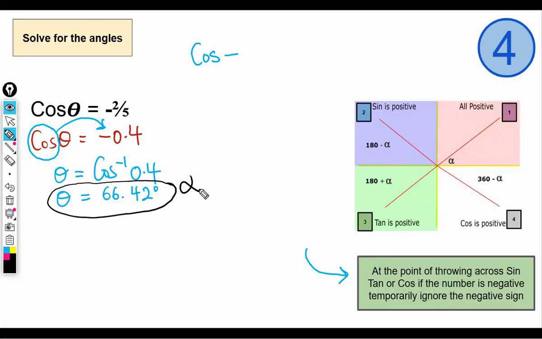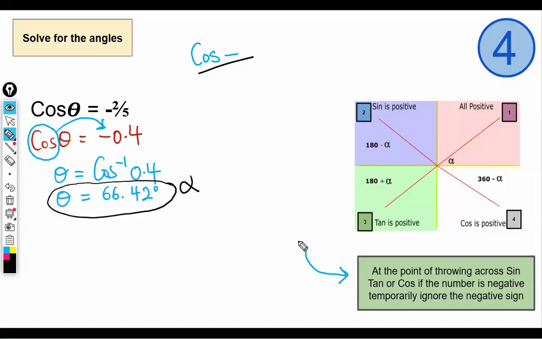Now, this first answer is your basic angle or alpha. When it's a negative question, this first answer is not one of your official final answers. You just end up using it to find the 2 answers. So now you have to ask yourself, where is cosine negative? Because this is really a negative question, right?